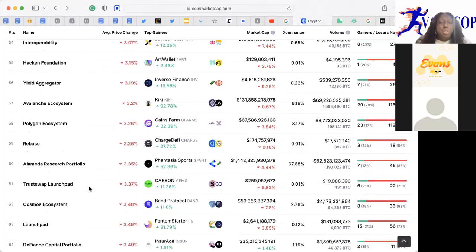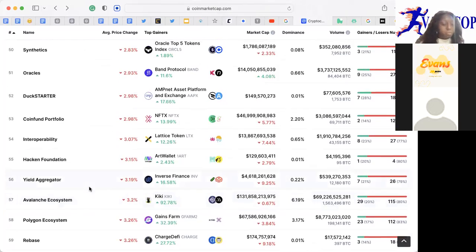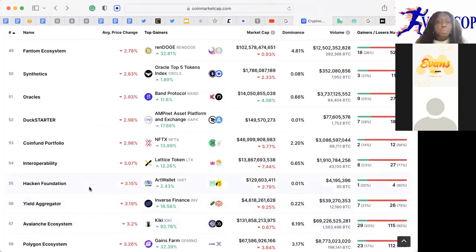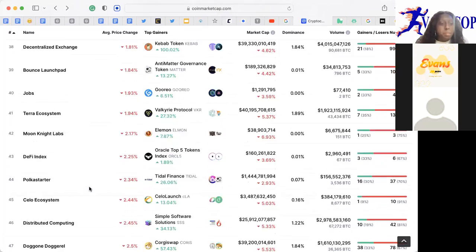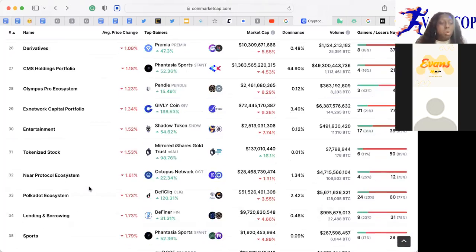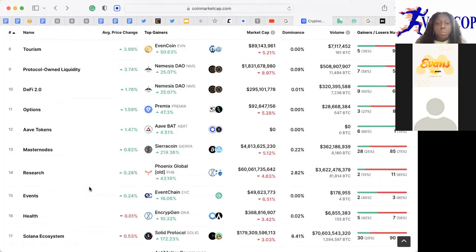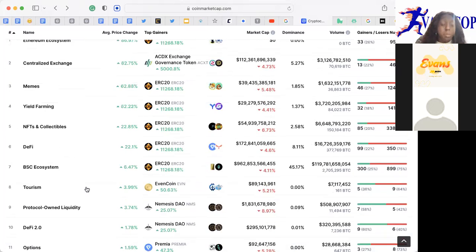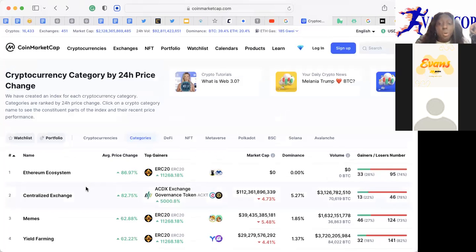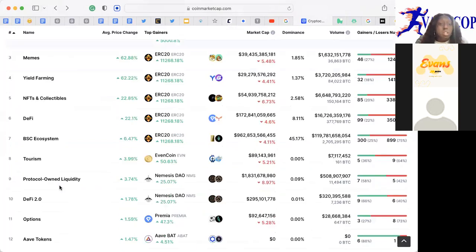We're looking at Near Protocol, and there are just several of them. There's a whole lot touching this space. These are categories, different categories.